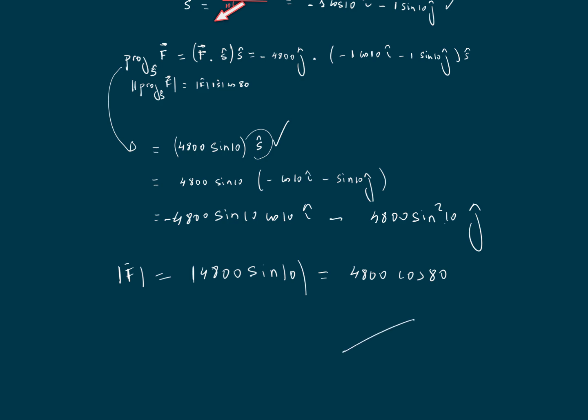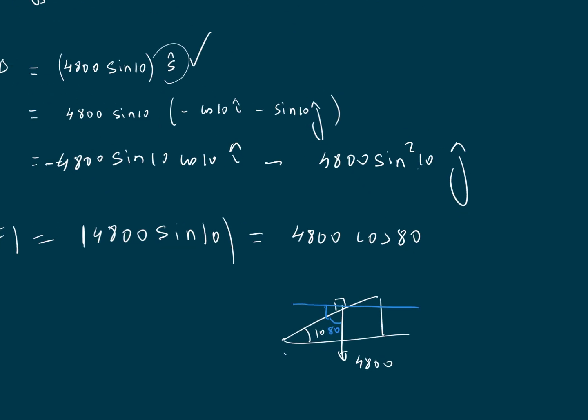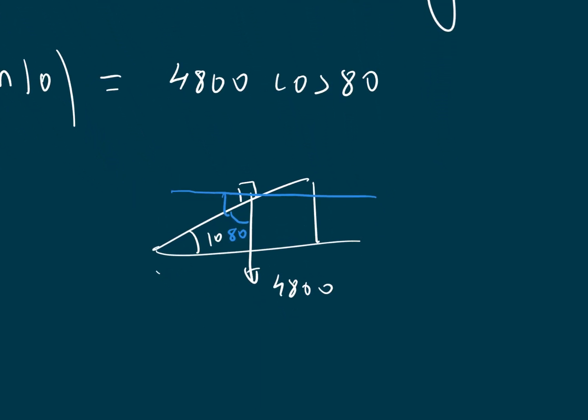So what we have done, that we could have done at the beginning: this is the inclined plane, this is 10, this is the truck, this is the weight, 48,000. This angle, if you do it like this, the 10 is here, so the 80 is here, because this is 90 degrees. So you have the weight, 48,000, with 10 degrees here and 80 degrees here.